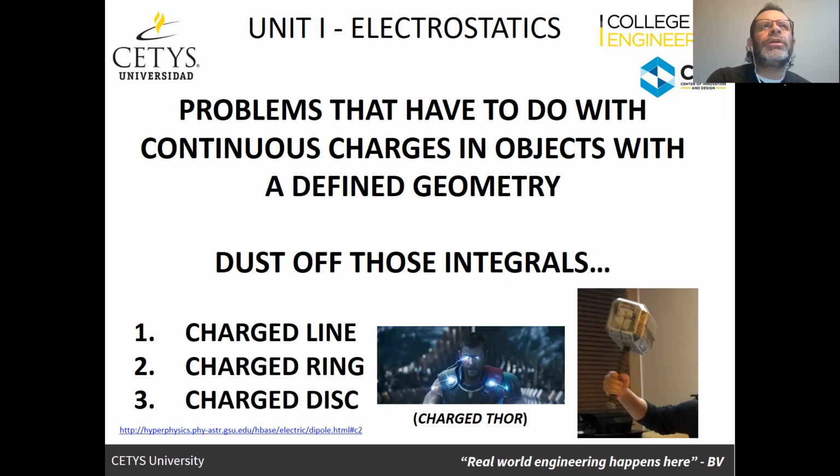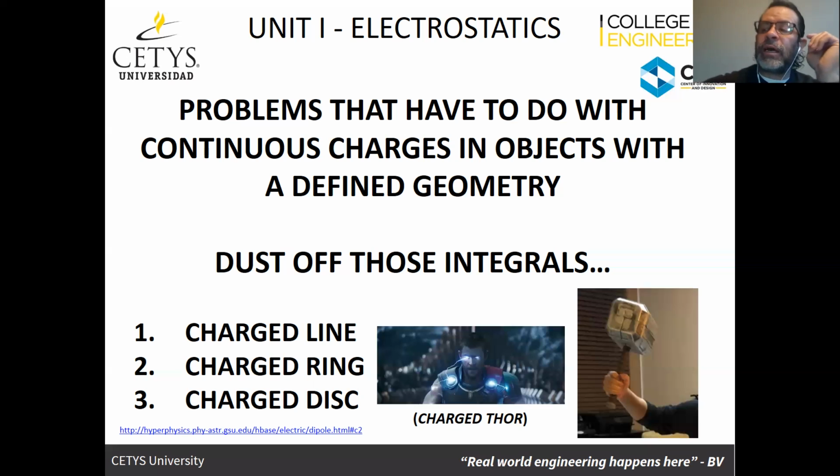And so now we're going to close things out, talking about situations where we have objects that have a certain geometry, but these objects are charged. So for example, instead of a point in space that has a charge, let's imagine that now we have a line in space that has a certain charge, and what type of electrical field does this line generate at any point?